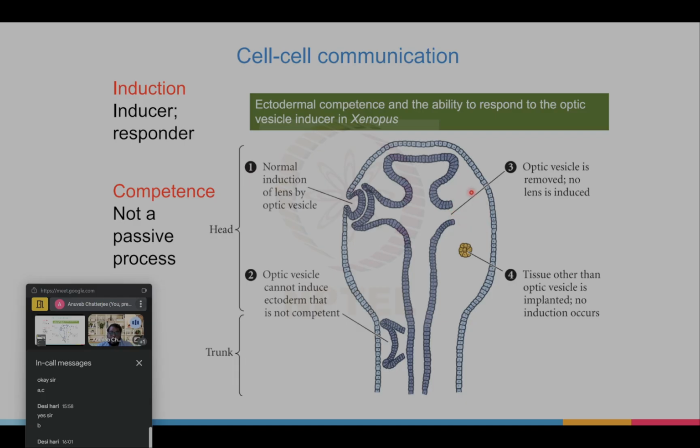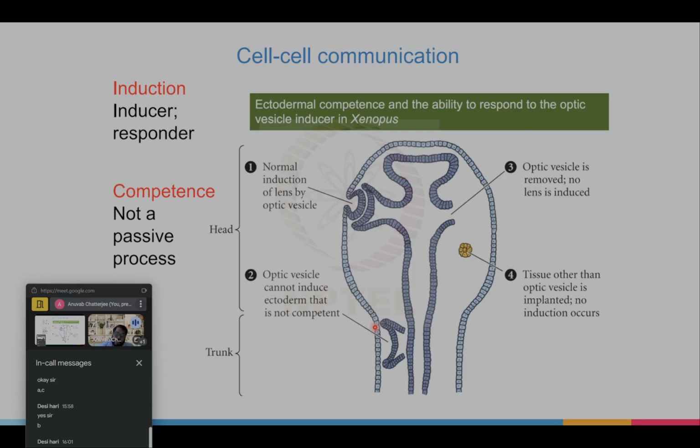So obviously the optic vesicle is an inducer. It is sending out signals and inducing the surface ectoderm to form the lens. But when I take the optic vesicle and place it somewhere else, it cannot cause the surface ectoderm to form the lens.